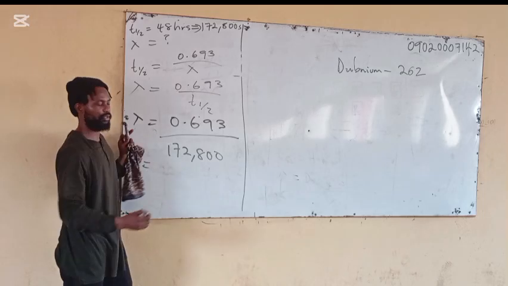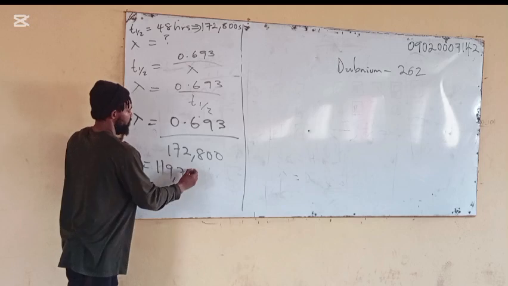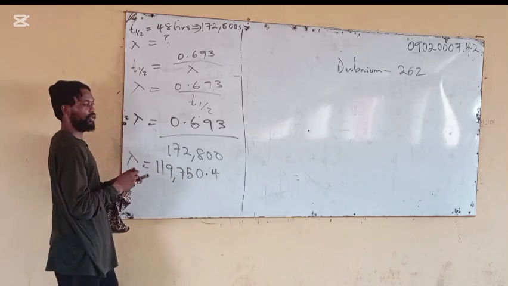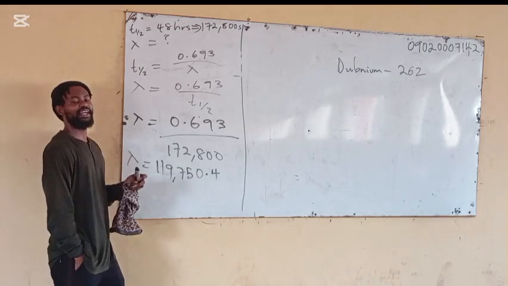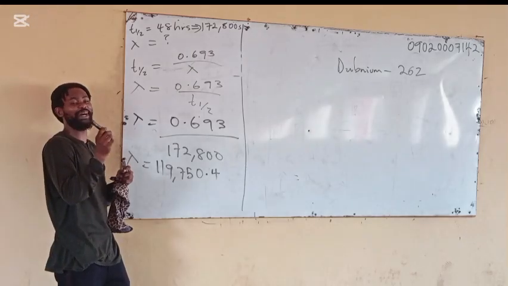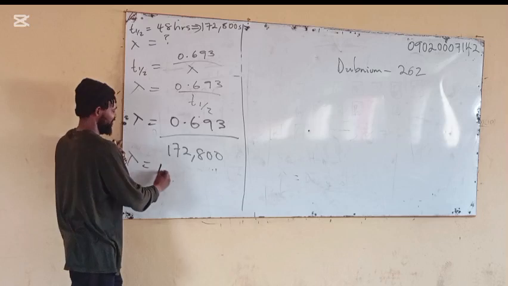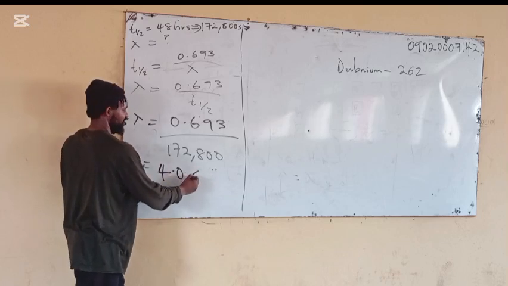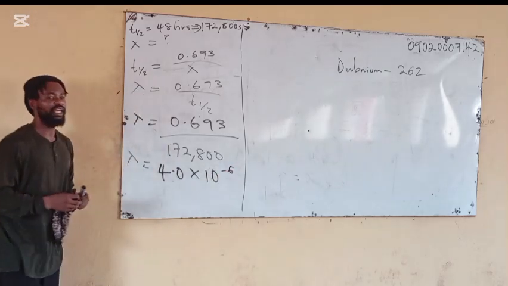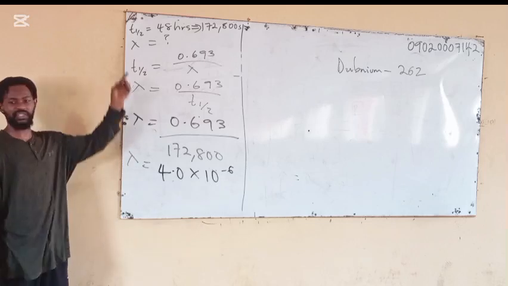Lambda is equal to 750.4... Six. Okay. If, for example, I punch this and I don't see my answer, that means they used hours. Is it not true? Yeah.